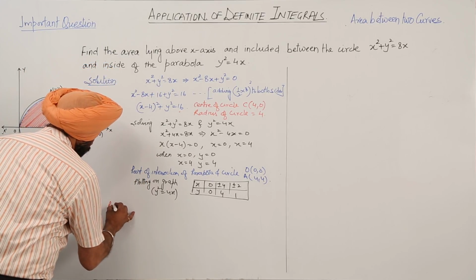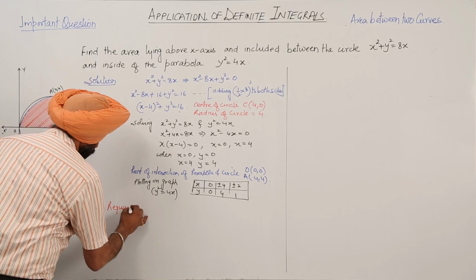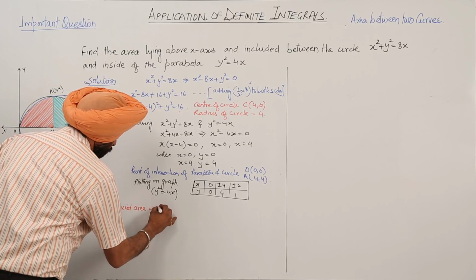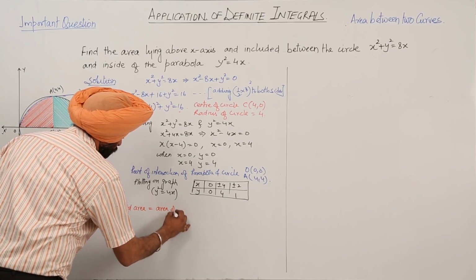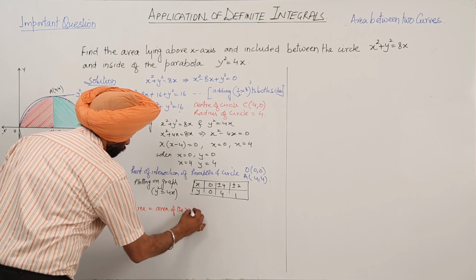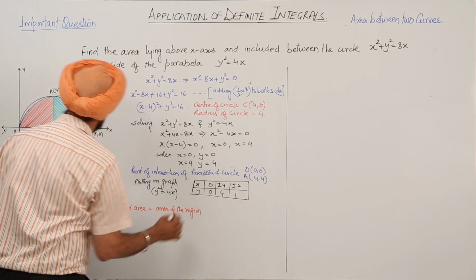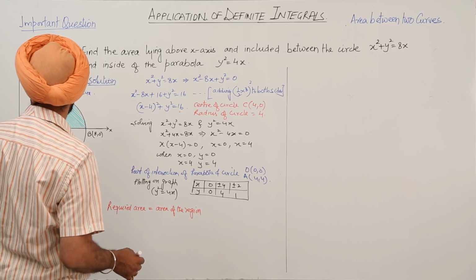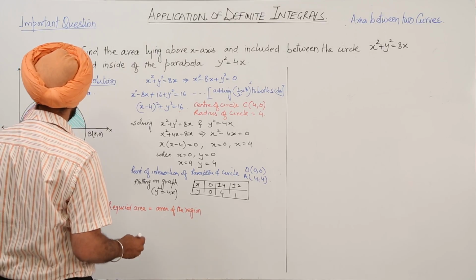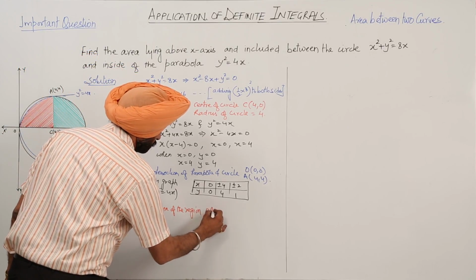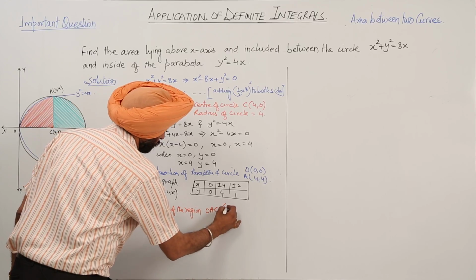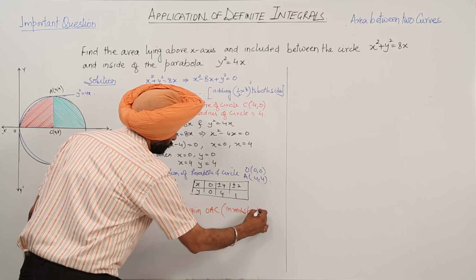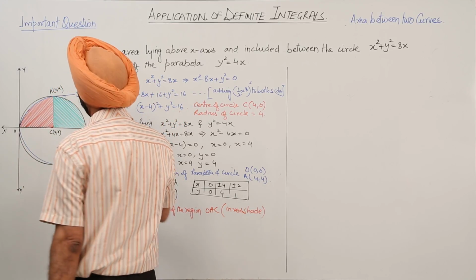Now the required area is equal to the area of the region O, A and C, in red shade. O, A and C I have mentioned.